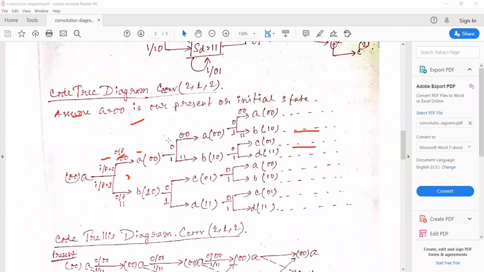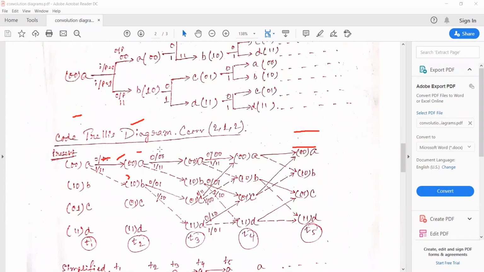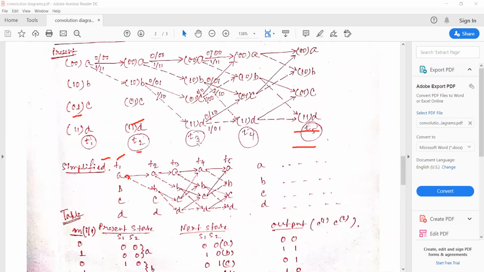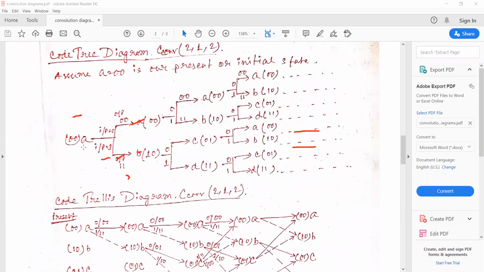So from A, and I've also written below on this page, this is A. I've considered A as my initial state, so from A the next states are A and B. When you have got the next state, this will be your present state. Always, for each stage, when you have got the next state, that will be your present state.